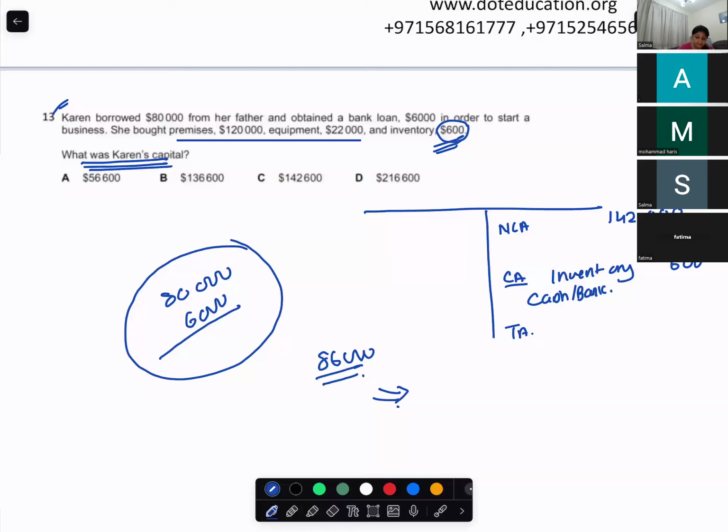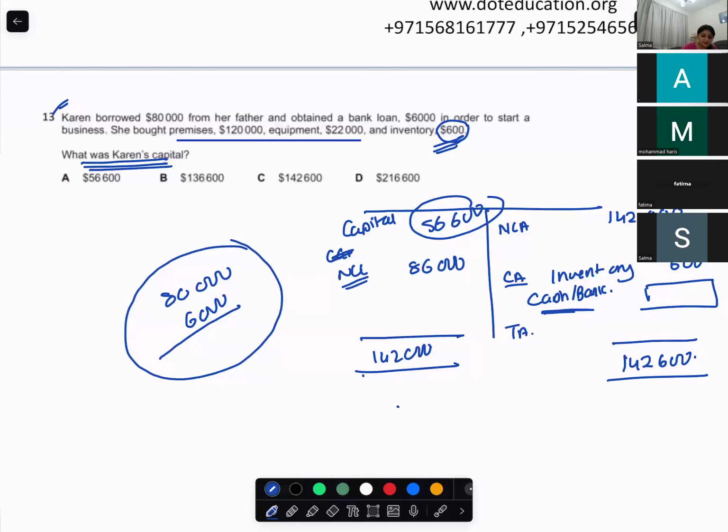From her? Where is the other money coming from? Just think and tell me. Try to do this. I'll wait for you all to figure it out. I told you that she has borrowed 80,000 from the father and a bank loan.